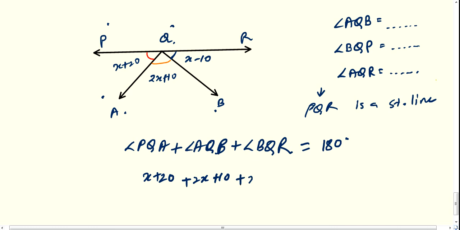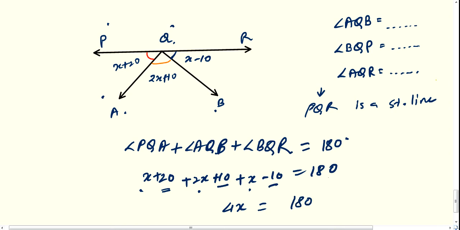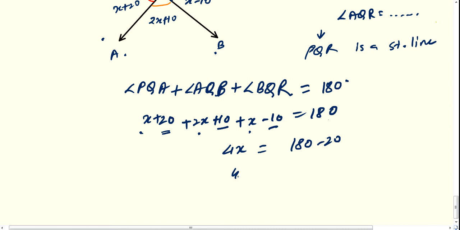The third is x minus 10, equals 180. Now this minus 10 and plus 10 cancel, only 20 is there, so transpose 20 to the right hand side. So x plus 2x is 3x, 3x plus x is 4x, equals 180 minus 20. So 4x equals 160, x equals 160 by 4, and x equals 40 degrees.